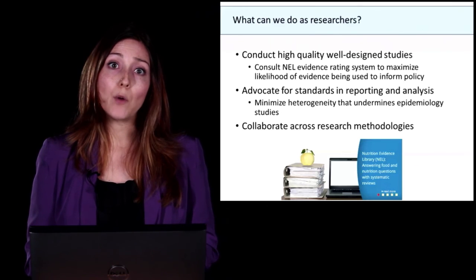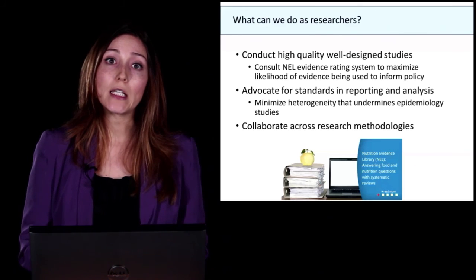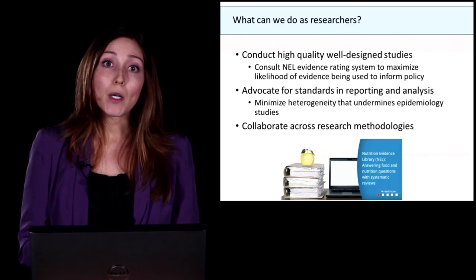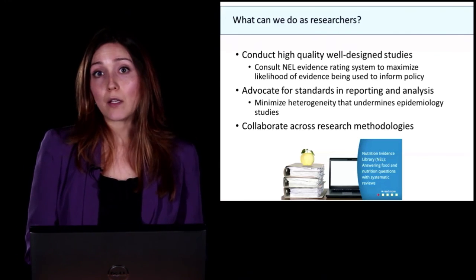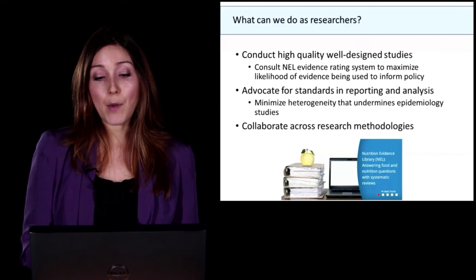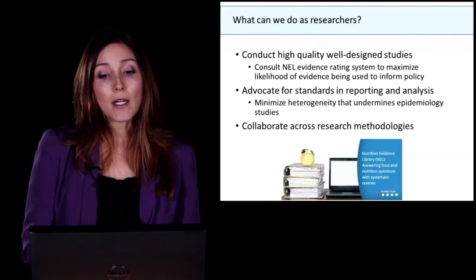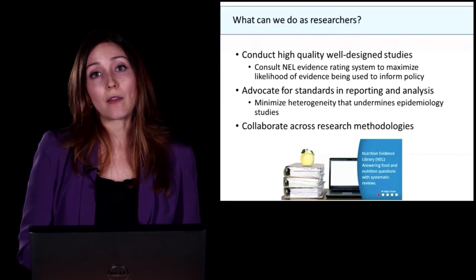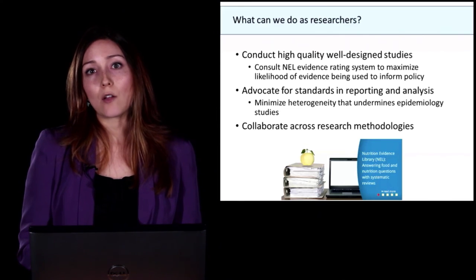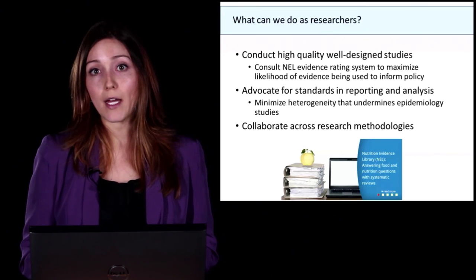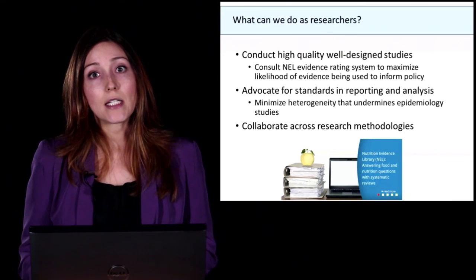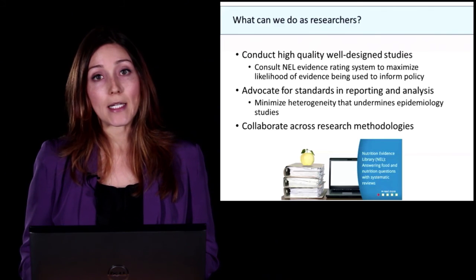So this importantly will help minimize some of the heterogeneity that limits the importance and applicability of epidemiologic studies. And this is also relevant for other types of study designs as well. And finally, to collaborate across research methodologies. So epidemiologic research is really strongest when combined with other complementary areas, so things like RCTs as well as experimental or basic science.